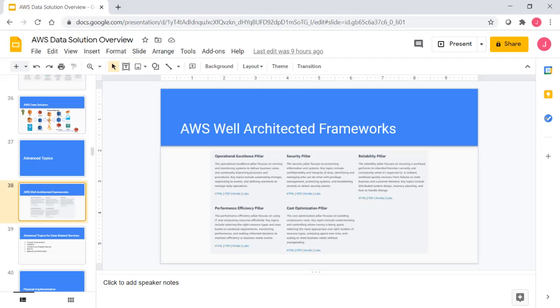AWS has something called a well-architected framework, which basically is how you should look at the whole system, the different components, how you should arrange and utilize different components, different web services to make your system function well. There are 5 parts of this well-architected framework.